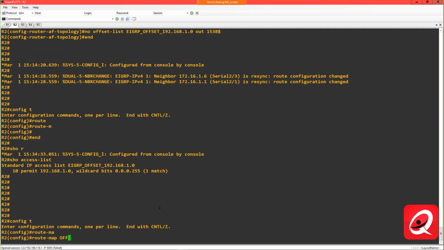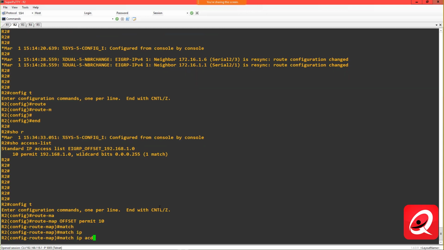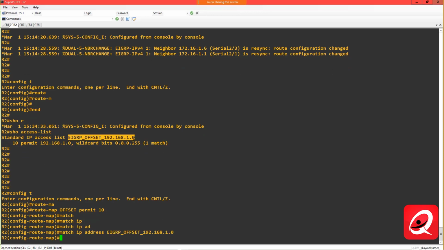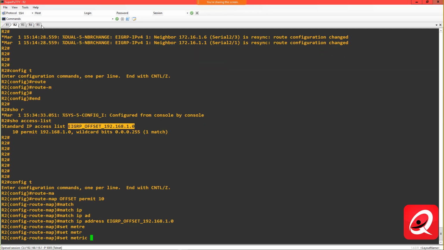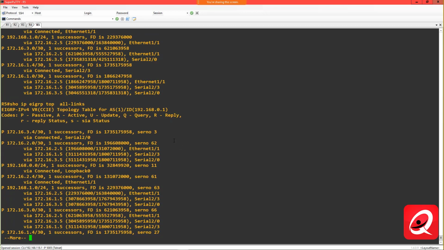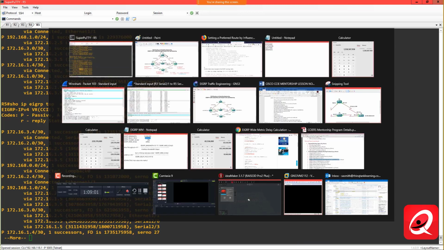We'll just call it offset permit 10, and we can match IP address and match our access list here, and then we can set the metric to the value that we wanted to set it at. Now, this is where I was going down that other path of subtracting this number from this number to see the difference, and that's when we came up with this calculation right here.